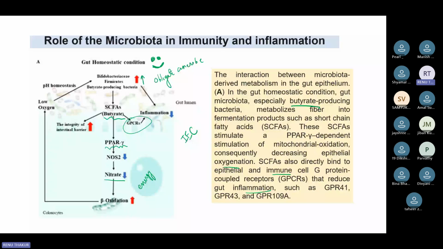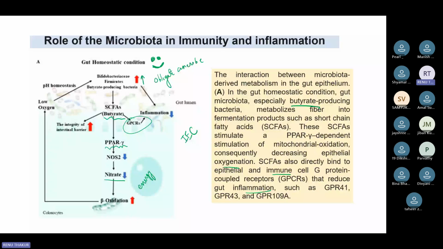So through this pathway, it can also enter the GPCR cycle, and also activate PPAR gamma. So this is the condition when your body is having a good gut microbiome composition. You should know about all these things about a good homeostatic condition.